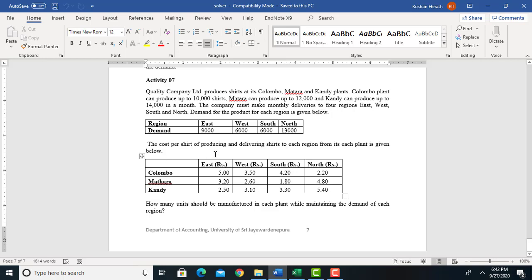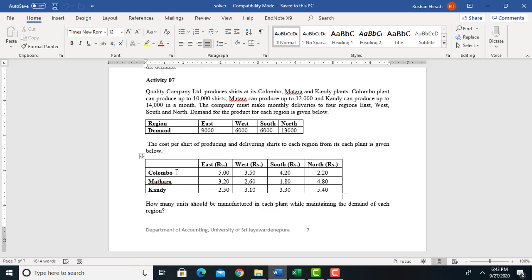From Colombo to east, it takes rupees 5 per shirt. From Colombo to west, once you work out, it is 3.5. Colombo to south, it's 4.2. North, it is 2.2. Likewise, Mathur to east, west, south and north is given, and also Kandy to east, west, south and north is given.